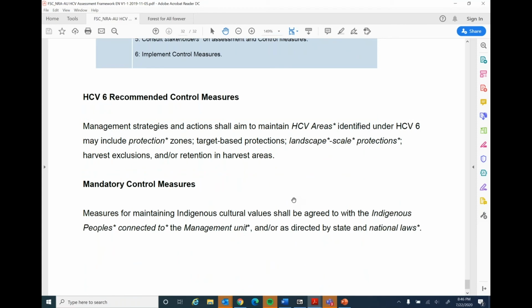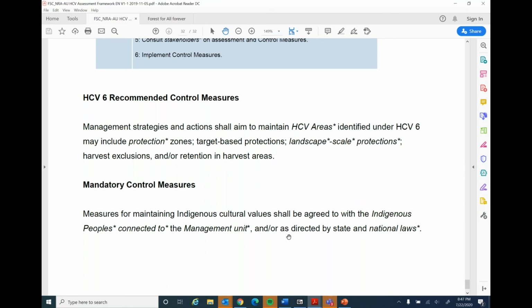Do you want to add anything here, Chiara, before you take us back? Sure. So in this control measure here, and in some we'll see this, 'and/or directive'. For this particular one, it's recognized that certain organizations or entities will have a relationship with the indigenous communities who are involved in forest management.